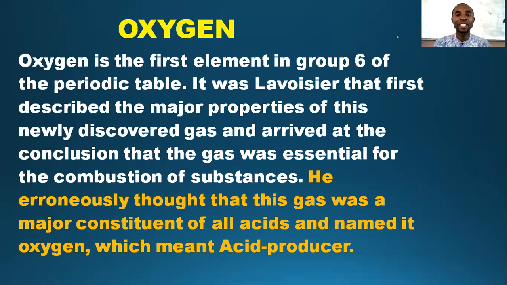He erroneously thought that this gas was a major constituent of all acids and named it oxygen, which means acid producer. That is the meaning of oxygen, what he thought when he gave it the name. However, it's an erroneous belief.